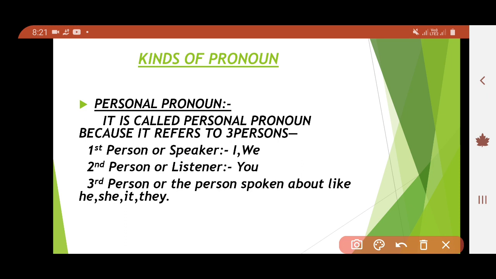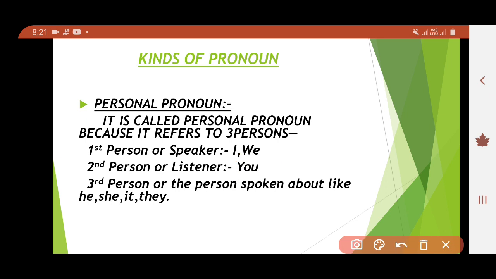So let us look at the examples of first person or speaker. In the first person or the speaker category, what comes? I, we. If in the sentence we are showing the first person or the speaker, we have to write I and we. And if it is about the second person or the listener, then it will become you, because the listener will be only one person, that is you. Yes or no?